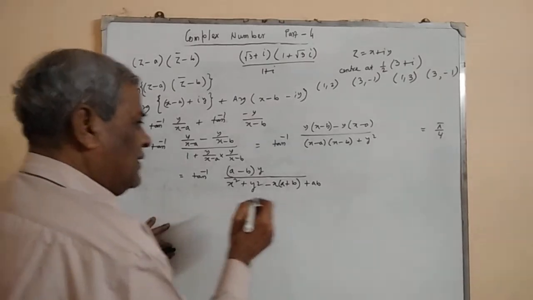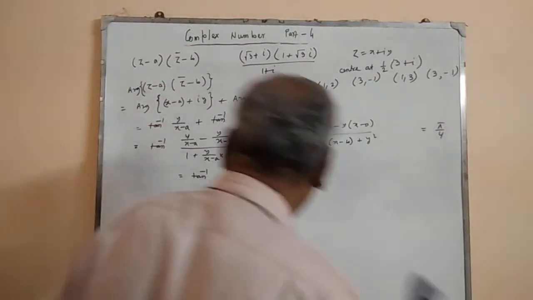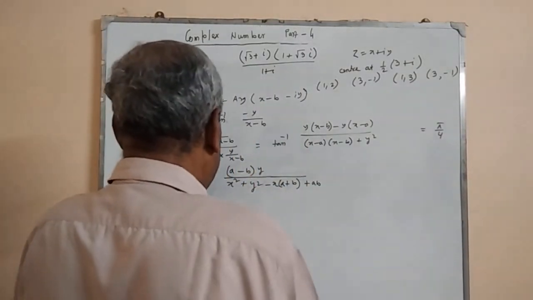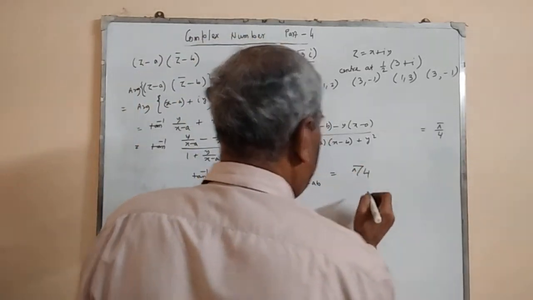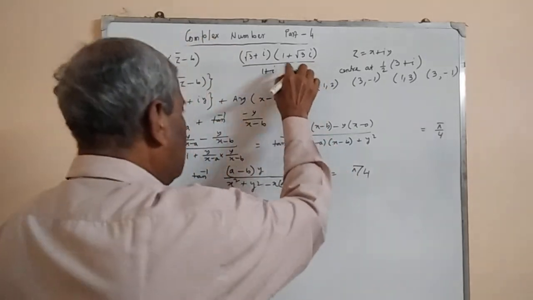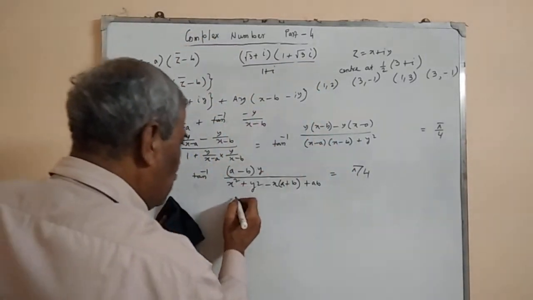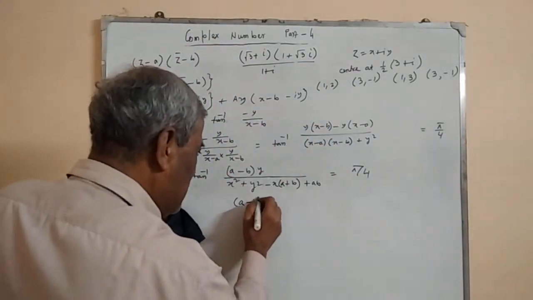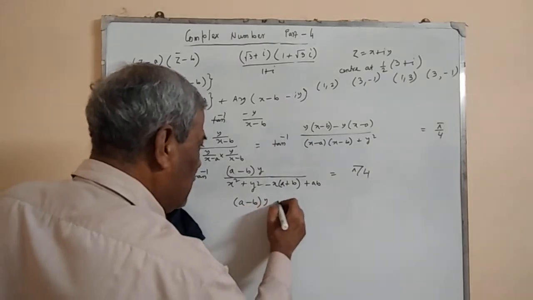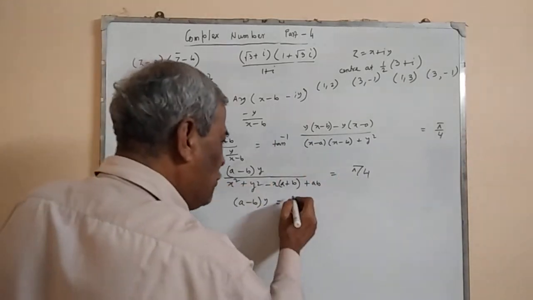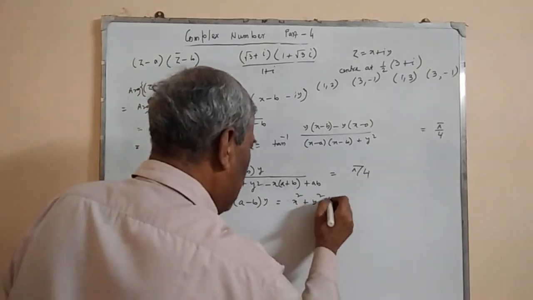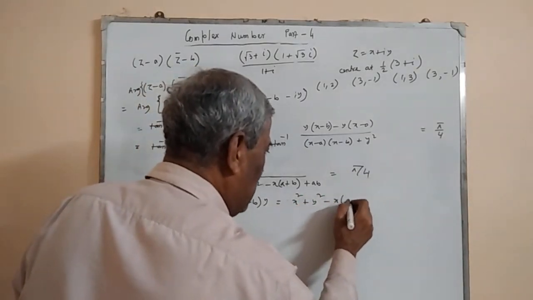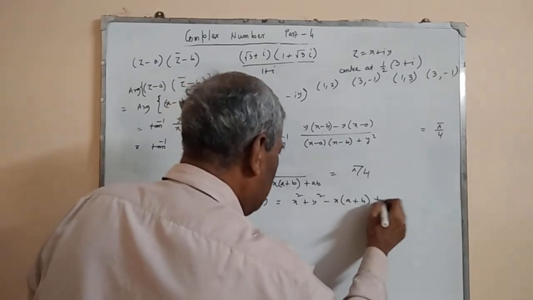Therefore we get tan inverse of this is equal to pi by 4, which is the argument of that. So (a minus b) into y is equal to tan pi by 4, which means 1 into (x square plus y square minus x into (a plus b) plus ab).